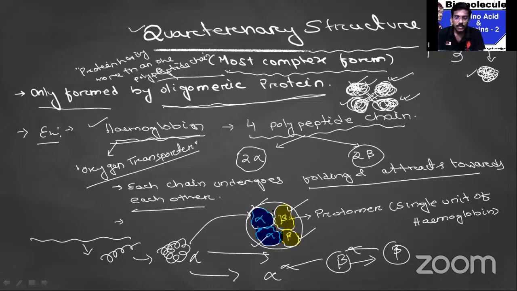Each unit of these four polypeptide chains is called a protomer. This is a single unit, this is another unit. These are the protomers.